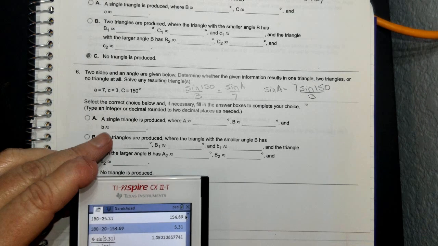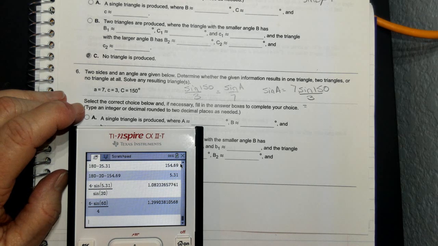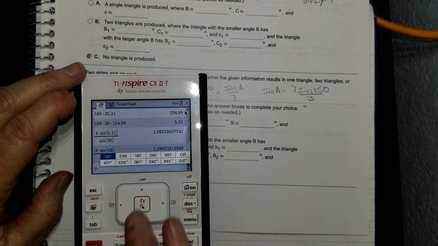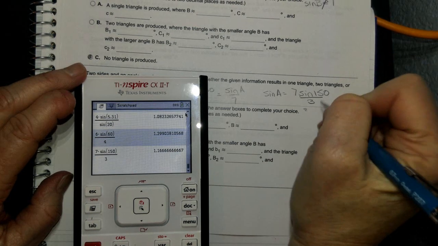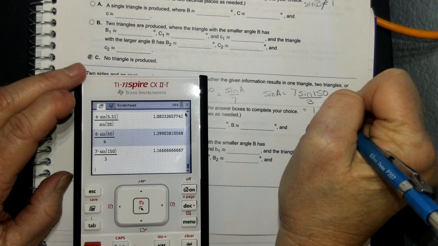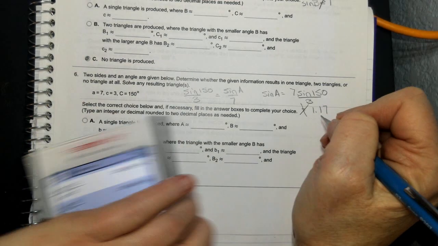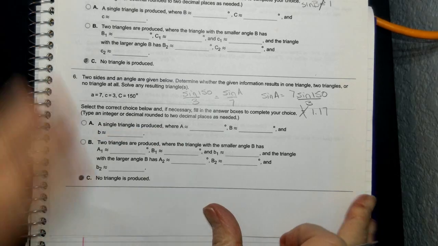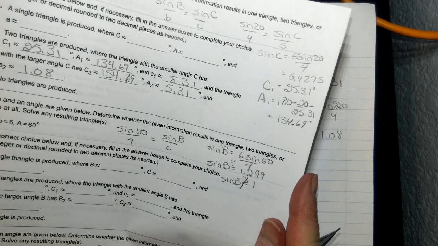If sine 150 is at most 1, we're going to have something larger than 1 just because 7 over 3 is greater than 1. So 7 sine 150 divided by 3, and we have the sine of A being 1.17. Since that doesn't work, no triangles produced. Alright, so we've had multiple situations, 1, 2, and 0 triangles.